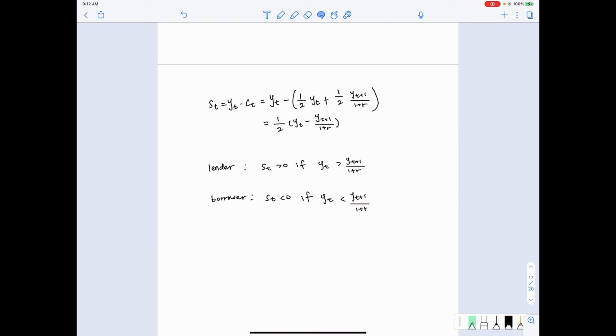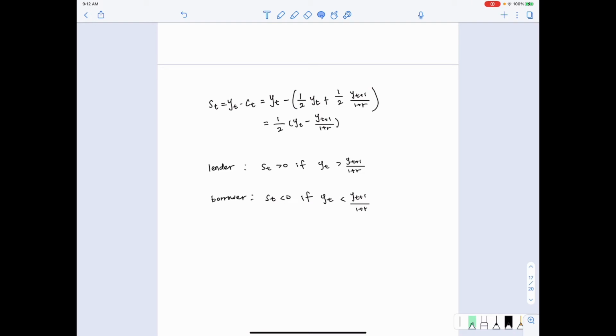So from this result, we can infer that if the current income is much higher than the future income, then it's more likely the current income is greater than the present value of the future income. Then the individual will for sure be a lender. If an individual has current income much less than the future income, then for sure the individual must be a borrower.